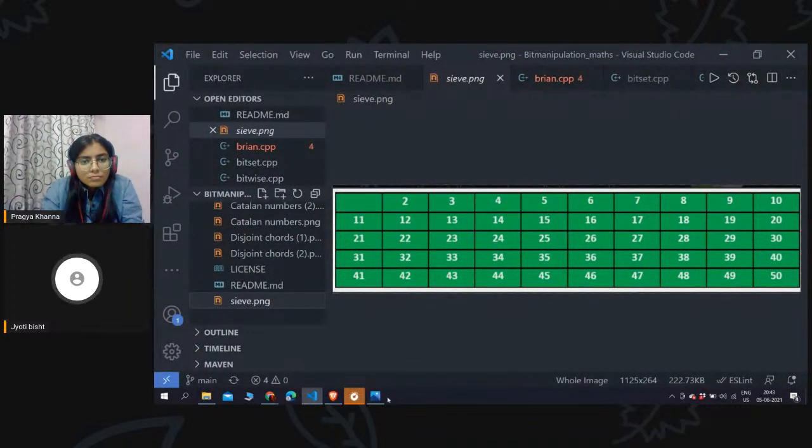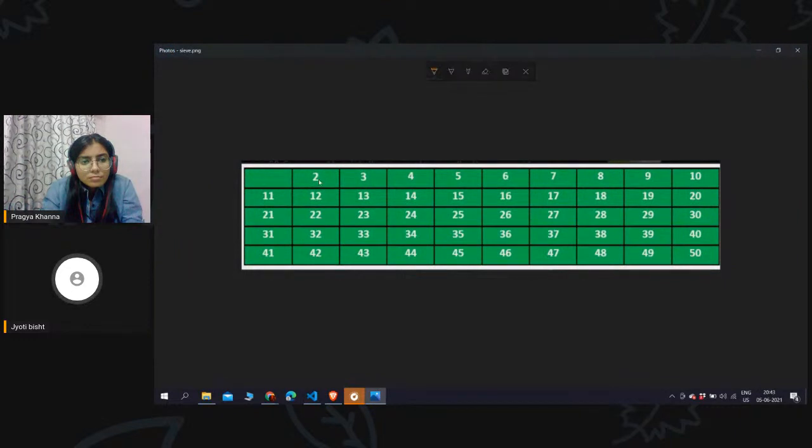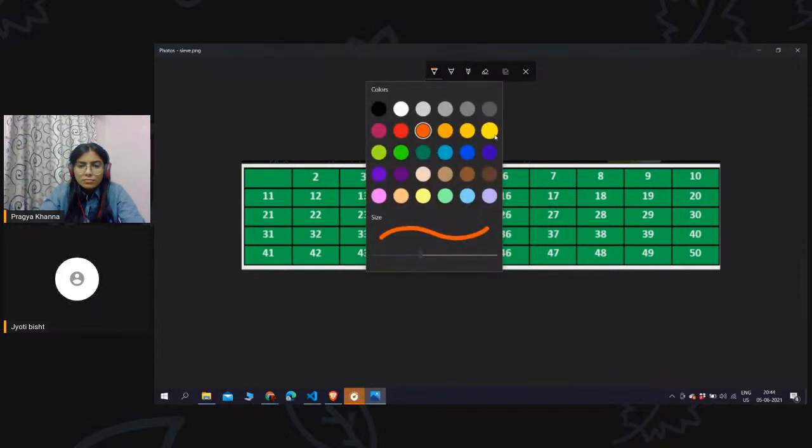I know that 2 is a prime number, 3 is a prime number, 5 is a prime number, 7 is a prime number. So for 10, the answer should be 2, 3, 5, 7. It should print 2, 3, 5, 7. Makes sense to me.